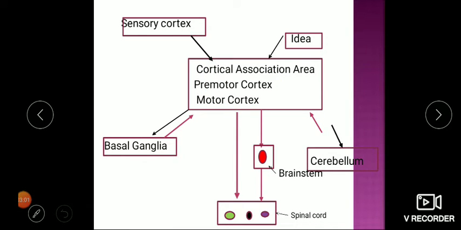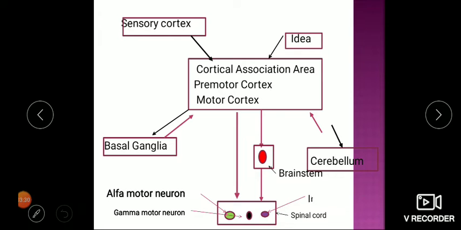Now in the spinal cord, if you recall your knowledge of physiology of spinal cord, it consists of three types of neurons. First, alpha motor neuron, which is the key neuron which supplies the skeletal muscle or extrafusal fibers in a skeletal muscle. Second, gamma motor neuron, which supplies the intrafusal fibers or muscle spindle, which is nothing but a receptor present in the muscle to check change in length of muscle.